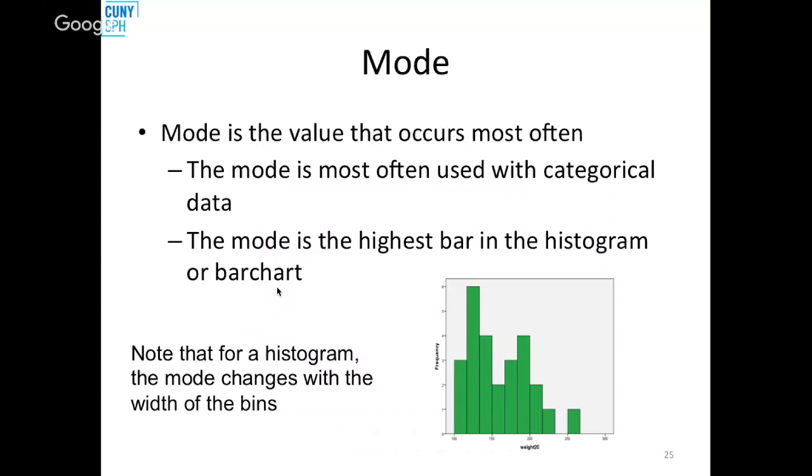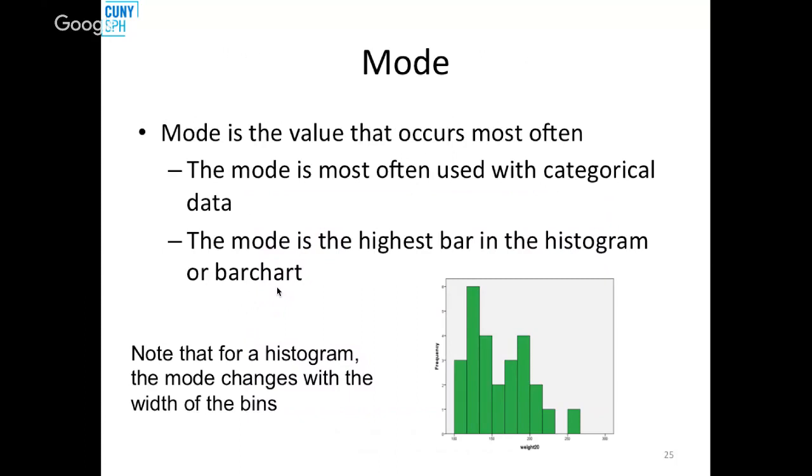Just to give a caveat here, in this plot, the mode looks like it is about 13, the bar between 12 and 13. If we changed the width of these bars, then that mode can change, and it might not even be in the same place, because if you had another region with more even bars, then when you group them together, you can get a more frequent category than we had on the left.